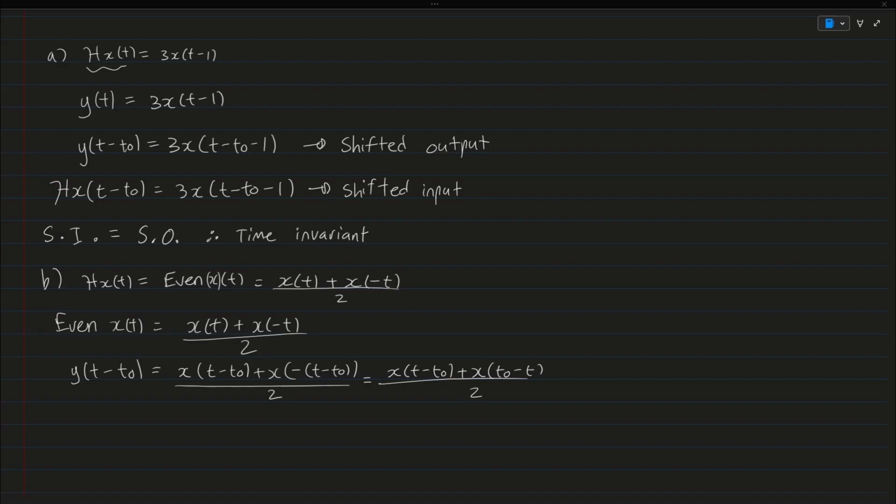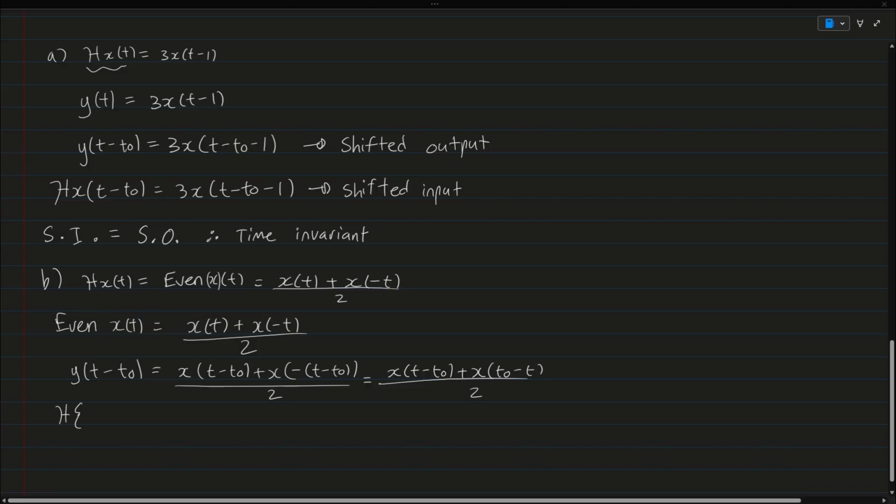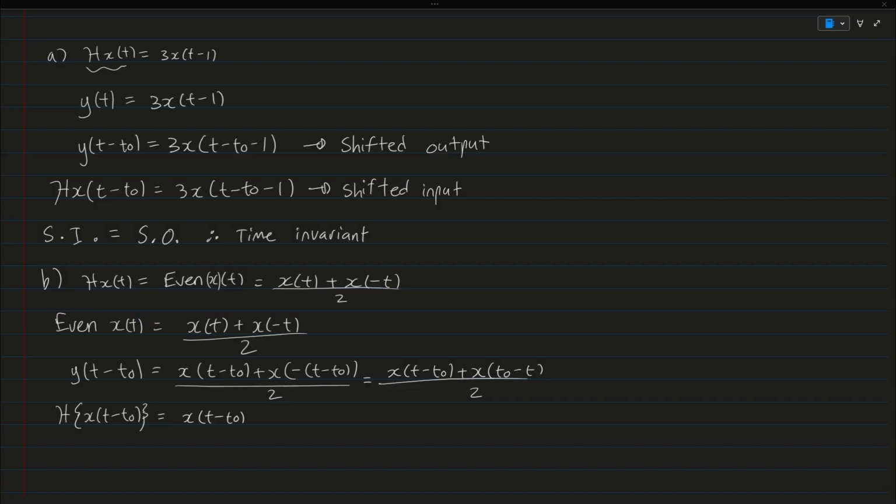Now we're going to pass the input x of t minus t0, a shifted input, into the system. This is going to give us x of t minus t0 plus x of negative, so this does not change, and then we pass whatever value was in the input, so t minus t0. Then we divide by 2.